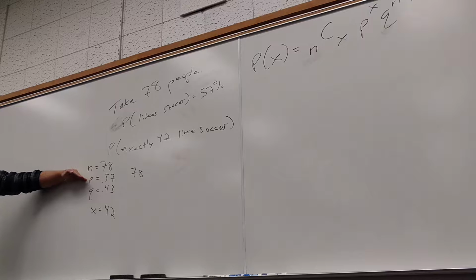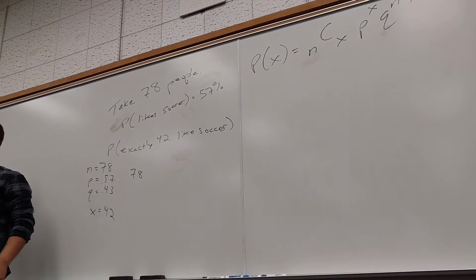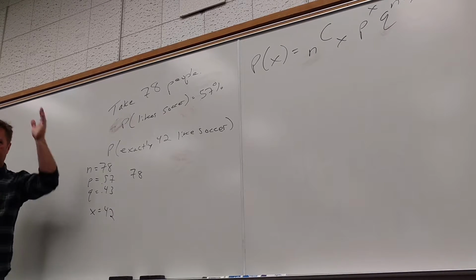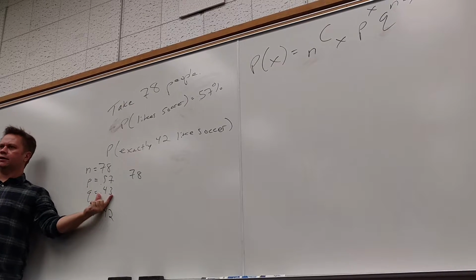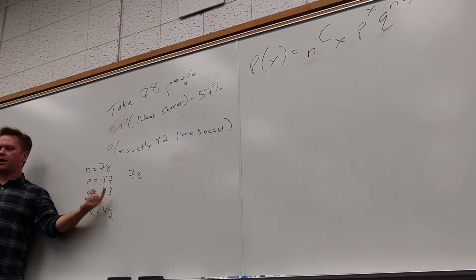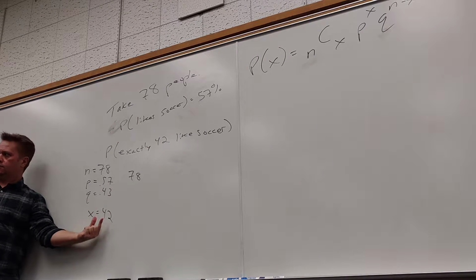So P is the probability of success, and remember, success could be a bad thing. Finding a squirrel with rabies or whatever. So it's not yay, success. It's just what I'm looking for. Q has got to be the opposite of that. It's got to be the leftover. 1 minus P is Q. X is the number of successes.